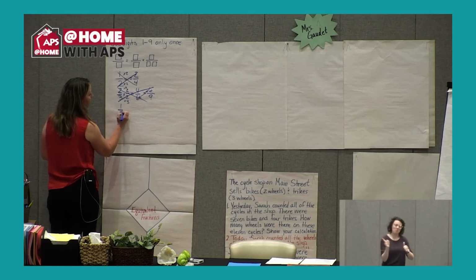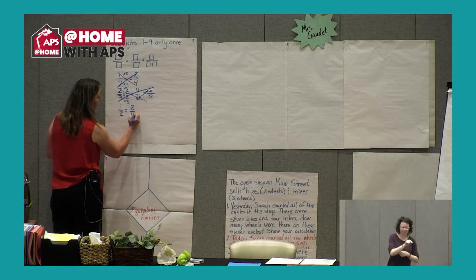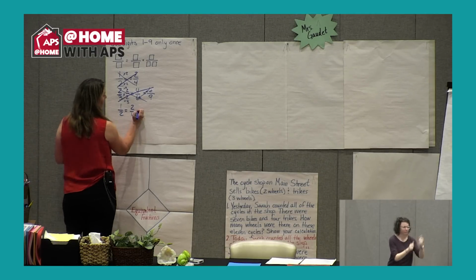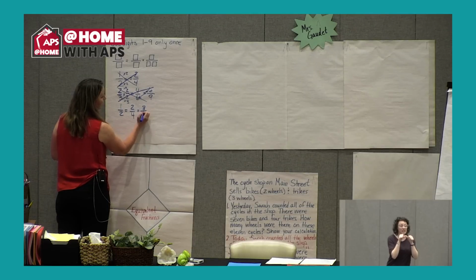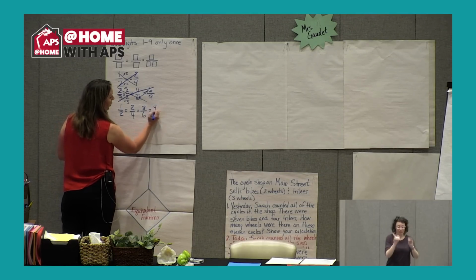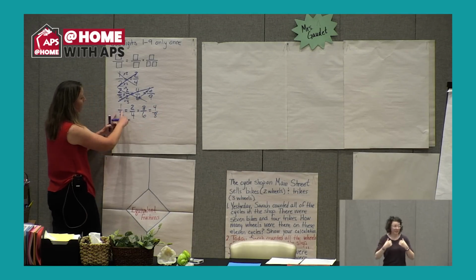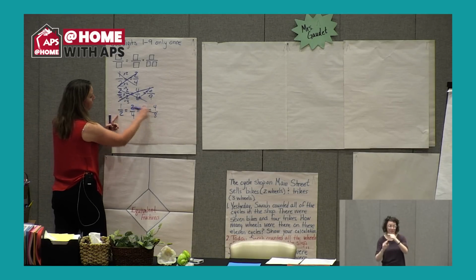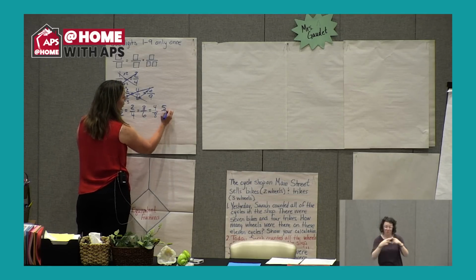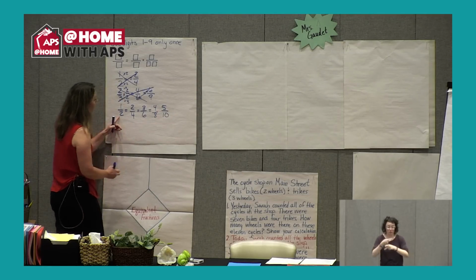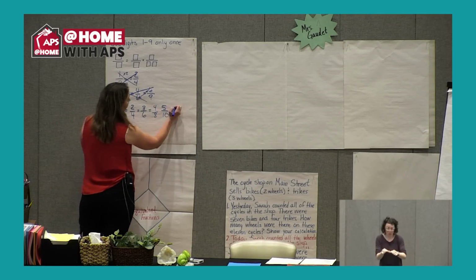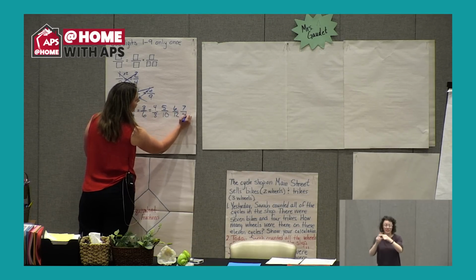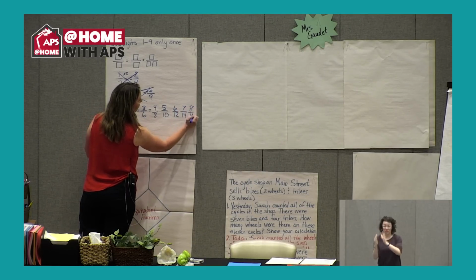My 1/2 and my 2/4 didn't work. But if I kept working through that, I have 3/6, 4/8. So I keep multiplying 1/2 by 2, by 3, by 4, and then if I keep going, 5/10, 6/12, 7/14, 8/16.